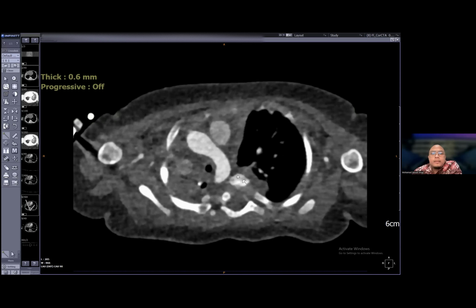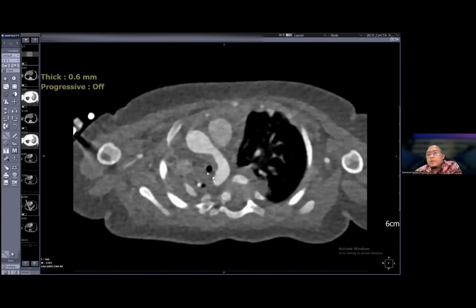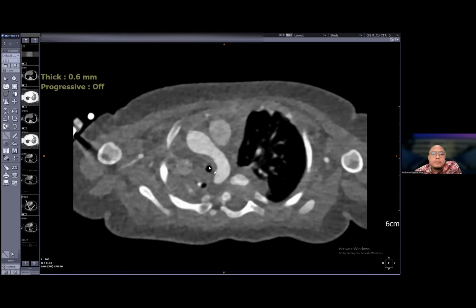So not only the vessels do we need to explore here, but we also need to evaluate the trachea, because in the majority of cases of pulmonary sling or aortic ring, the trachea will also have anomaly, such as a full cartilaginous ring of the trachea.